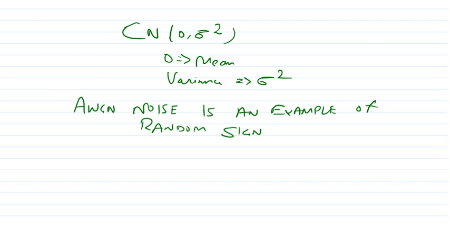That's why modeling of noise is very important when we analyze channel fading. There is another classification that is very important.